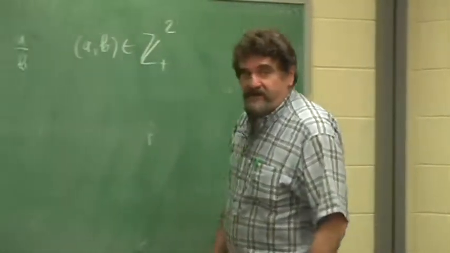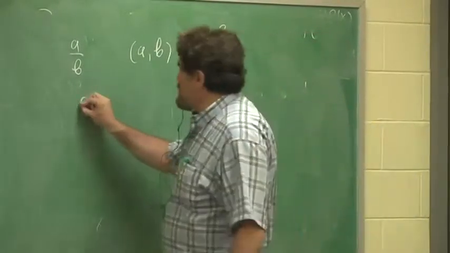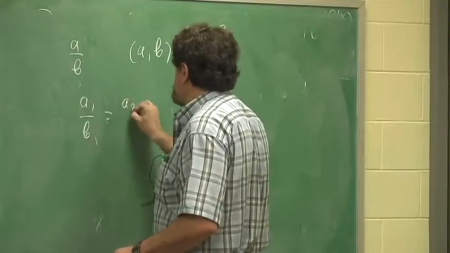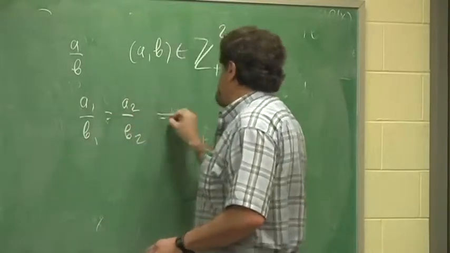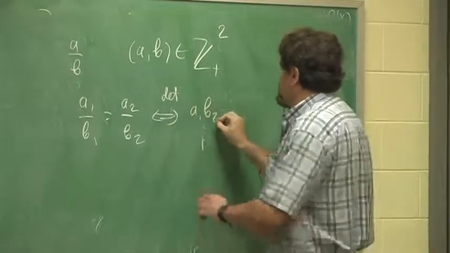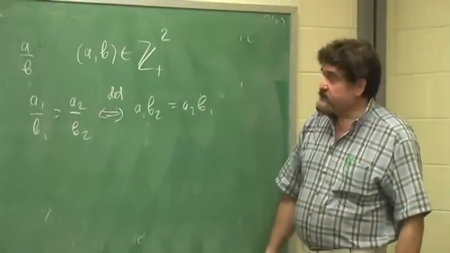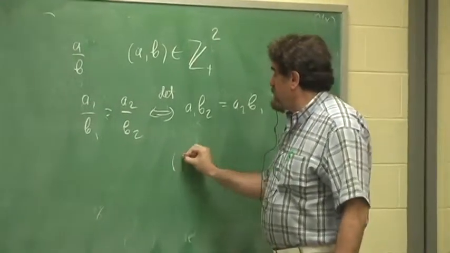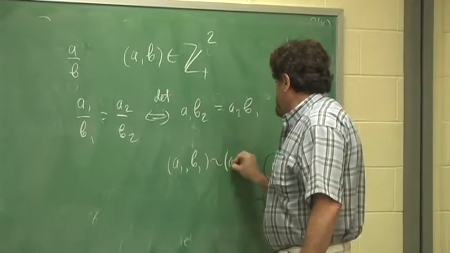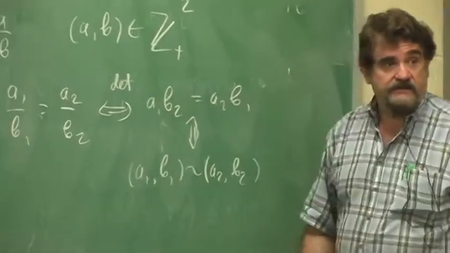But some pairs are pronounced to be the same, equal. So A1 over B1 equals A2 over B2. By definition, this means A1 B2 equals A2 B1. So the pair A1, B1 is equivalent to the pair A2, B2. By definition, it means the following.